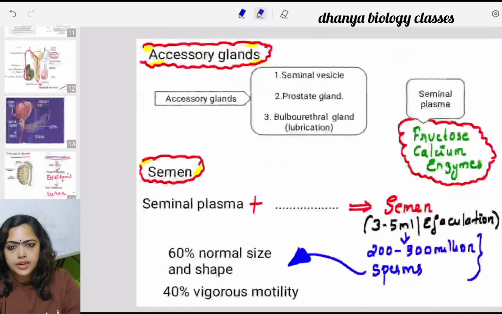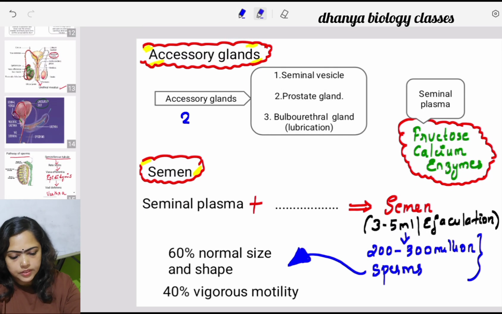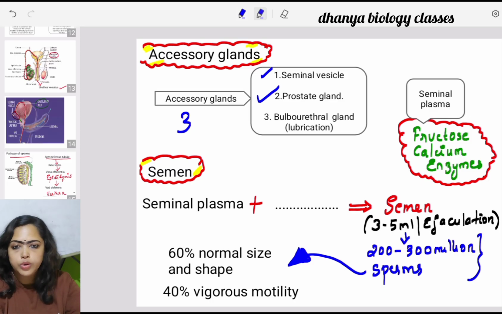And then accessory glands. 3 accessory glands are there. One is the seminal vesicle, then the prostate gland, and the third one is the bulbourethral gland. The function of the bulbourethral gland is providing lubrication during sexual contact, since it produces a large amount of mucus.